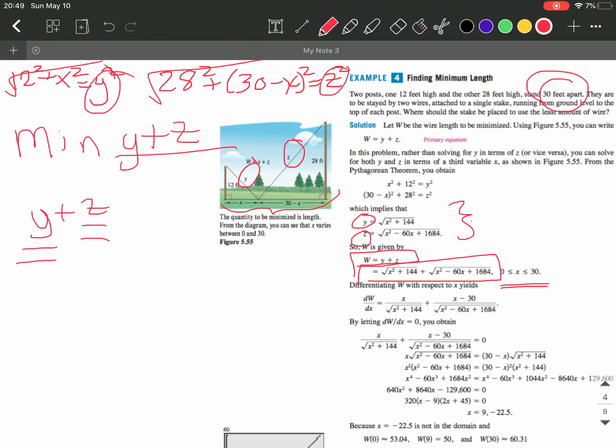So now once you have that right there, you're going to be deriving it. Okay, how do we derive that equation? Let me erase everything to work on the derivative.